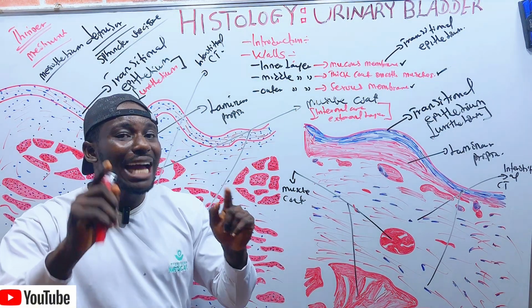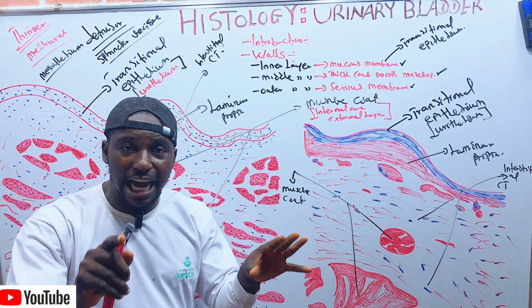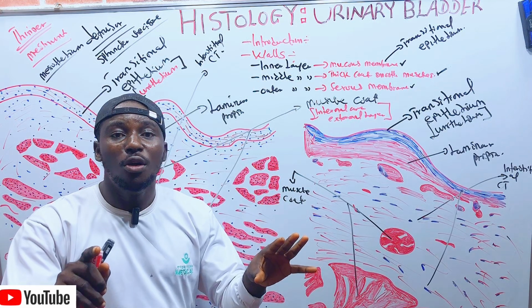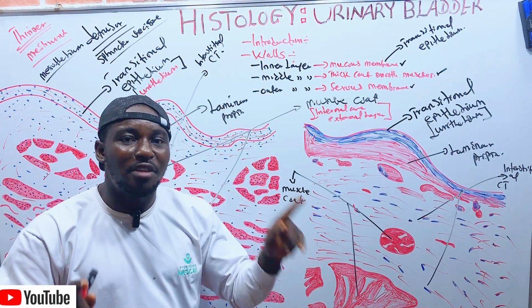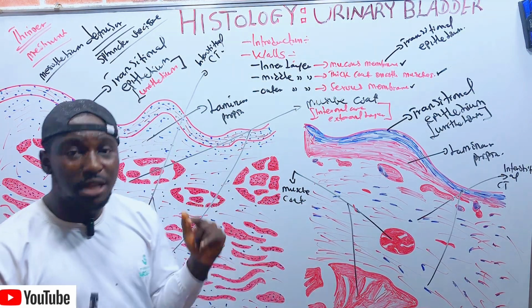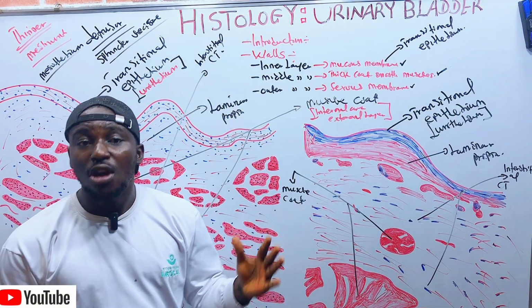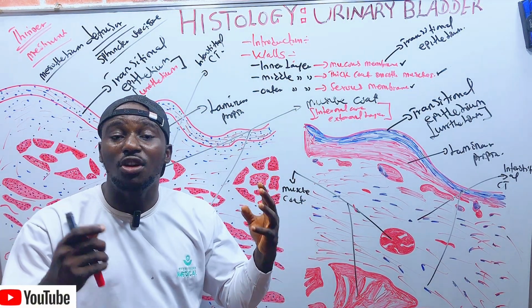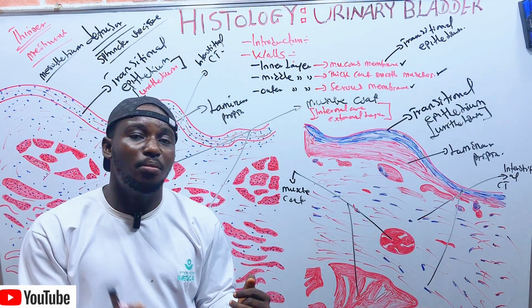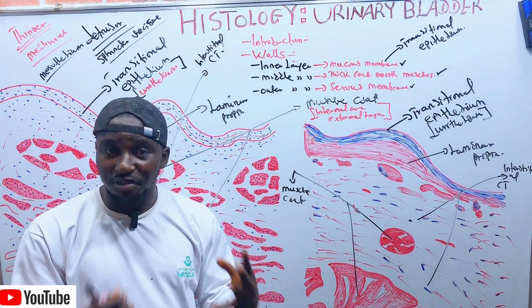Likewise, the outer layer of the ureter is also formed by the adventitia. Go and watch my video on ureter. Same thing applies with the inferior surface of the urinary bladder, which is covered by adventitia, which has a fibroelastic connective tissue, which houses the blood vessels, the nerves, and the lymphatics.